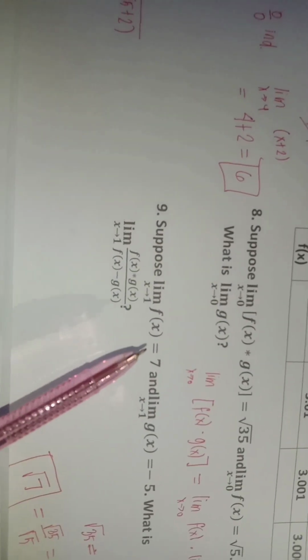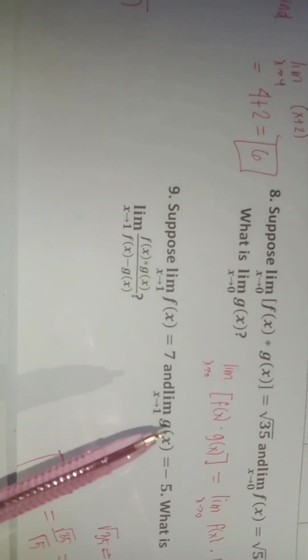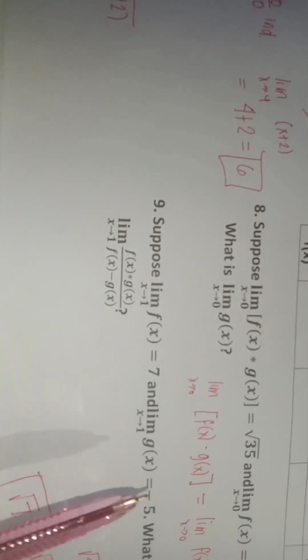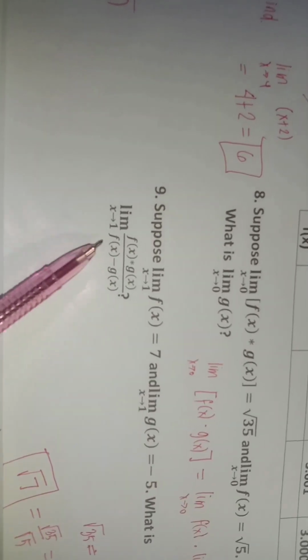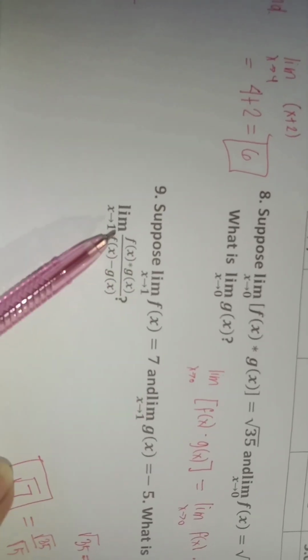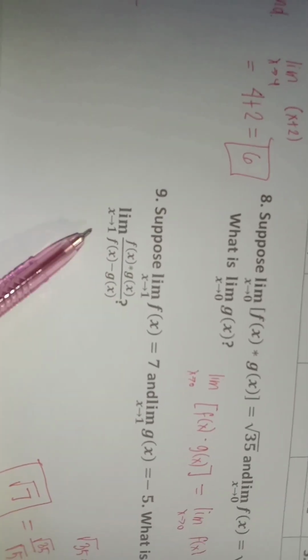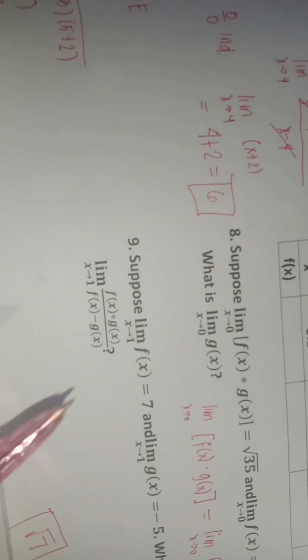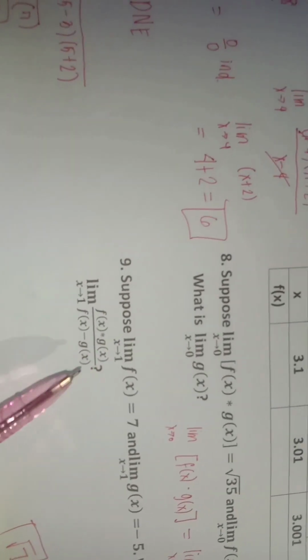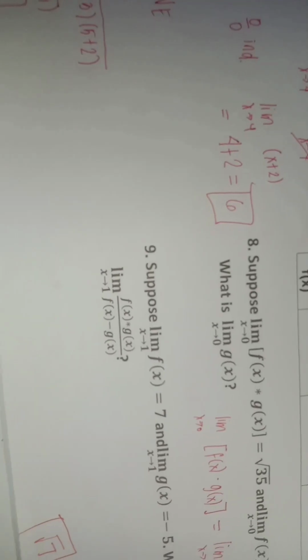Last example. Suppose we have another limit: f of x as x approaches 1 is equal to 7, and the limit of another function, g of x, as x approaches 1 is equal to negative 5. What is the limit of f of x times g of x over f of x minus g of x as x approaches 1? So yung gagawin natin dito, we will apply the limit laws to expand this limit.